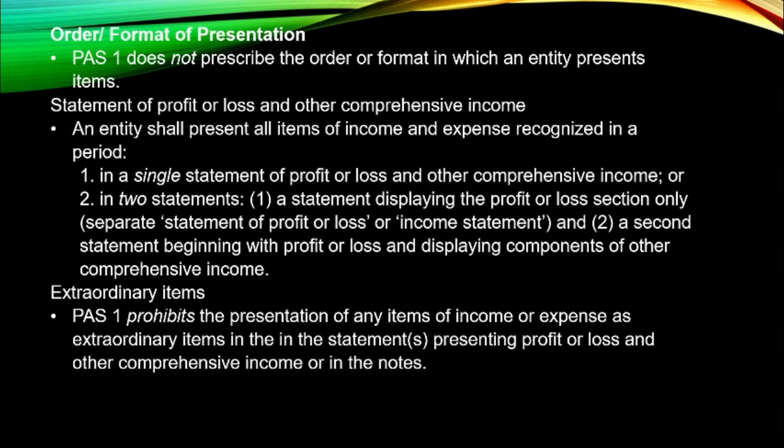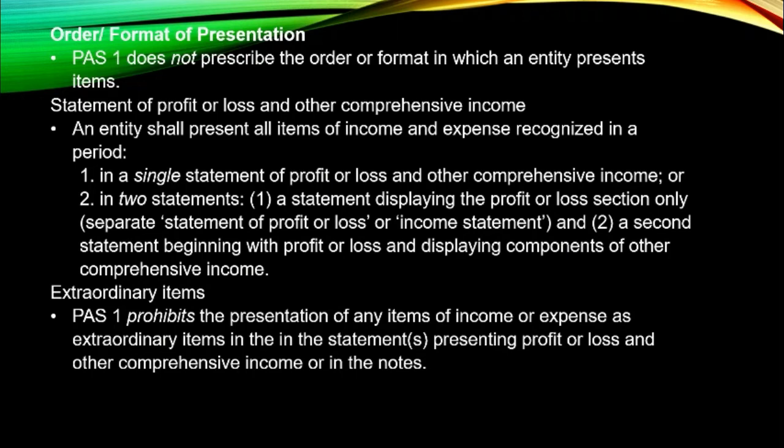So PFRS 1 does not prescribe the order or format in which an entity presents items in the statement of profit and loss and other comprehensive income. An entity shall present all items of income and expense recognized in a period.